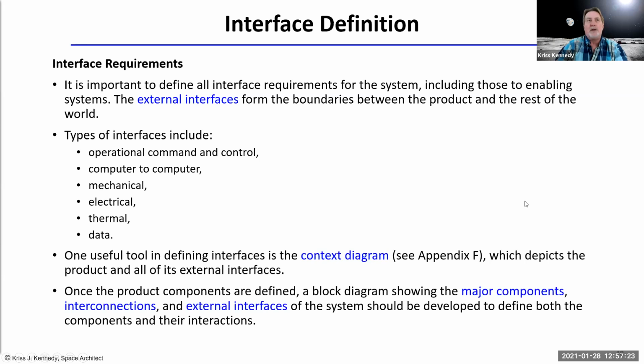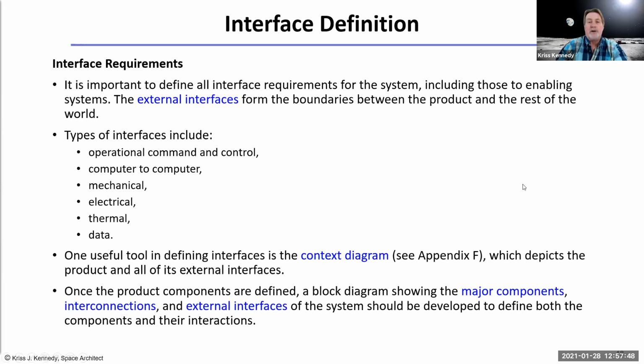What type of interfaces are you thinking about? What should be included? Operational, command and control, computer to computer, mechanical, electrical, thermal, data, human interfaces, and so on. And there's mechanical interfaces, there's secondary structure, there's primary structure, there could be docking mechanism interfaces, etc.